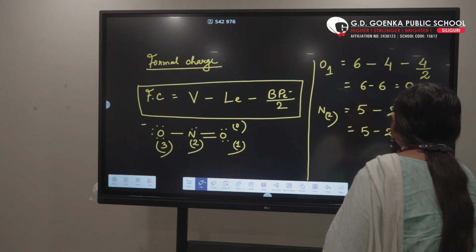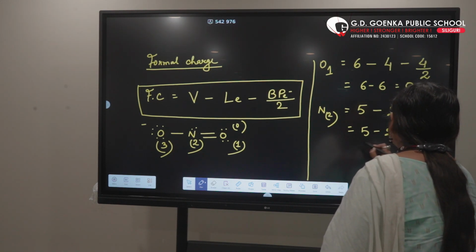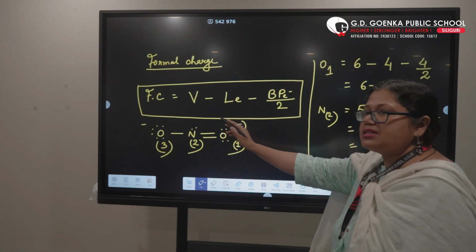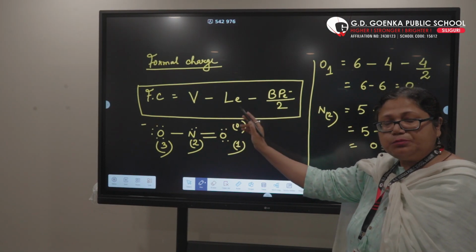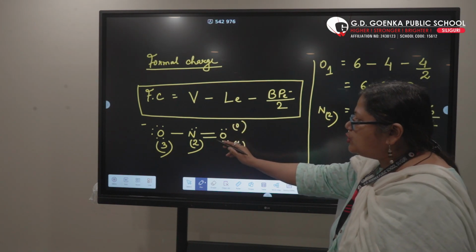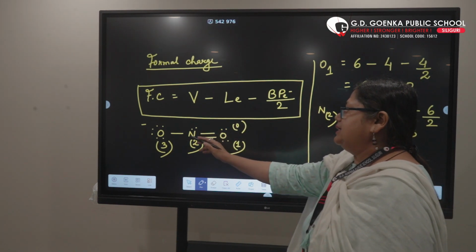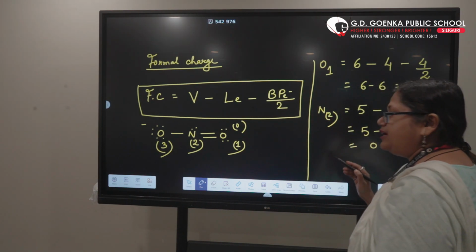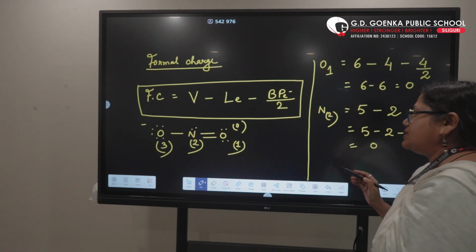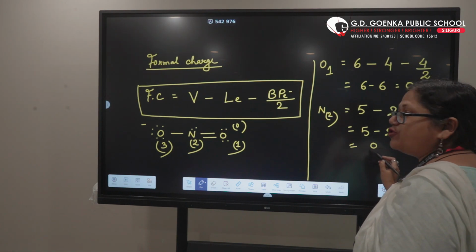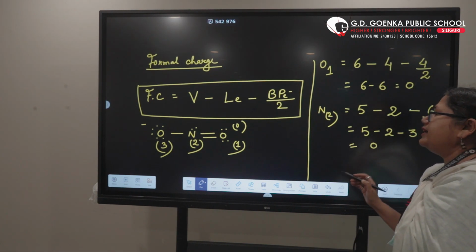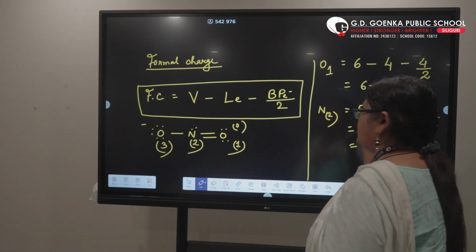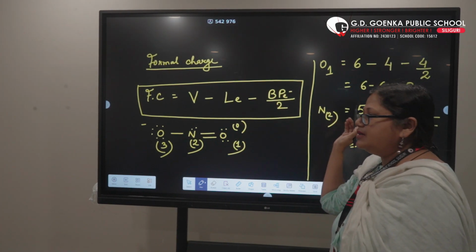So 5 minus 2 minus 3 is equal to 0. From the concept of formal charge, we come to know that whenever nitrogen is surrounded by 3 bonds, nitrogen will have the formal charge as 0. Whenever oxygen is connected to another atom by 2 bonds, the charge will be 0.